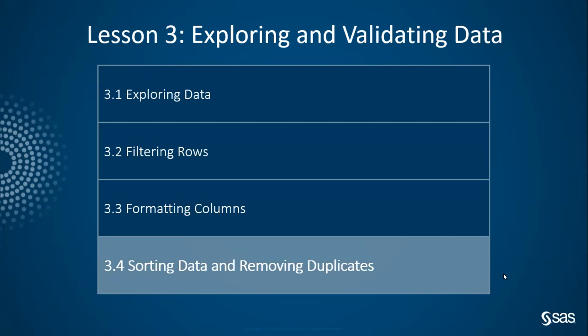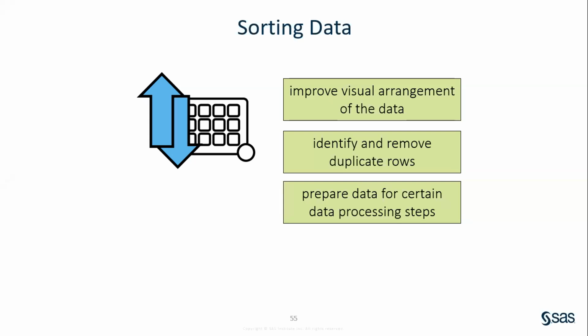Okay, so let's understand sorting data. So what is sorting? It improves the visual arrangement of the data. In case you want to arrange the values for your subject IDs in a specific order, either ascending or descending, it is going to be very presentable, right?